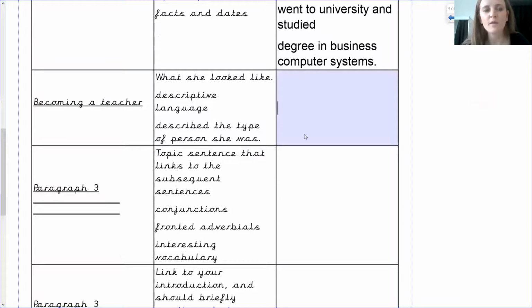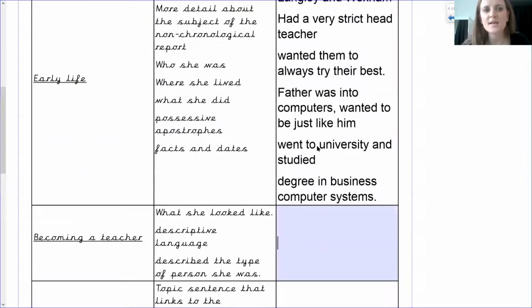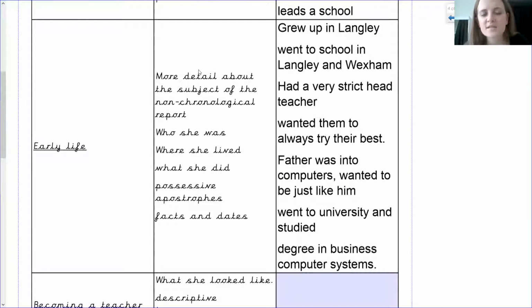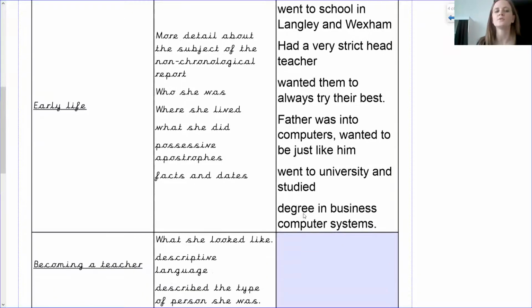Let's check off some of the things that I have used. We've got a bit more detail. I've said where Mrs. Bowen lived, what she studied and got a degree in computer systems, and it's also got some facts included.